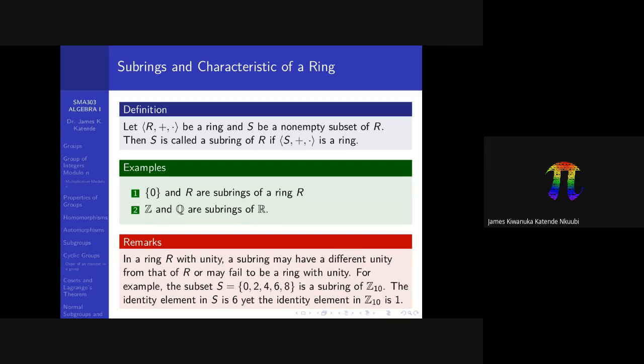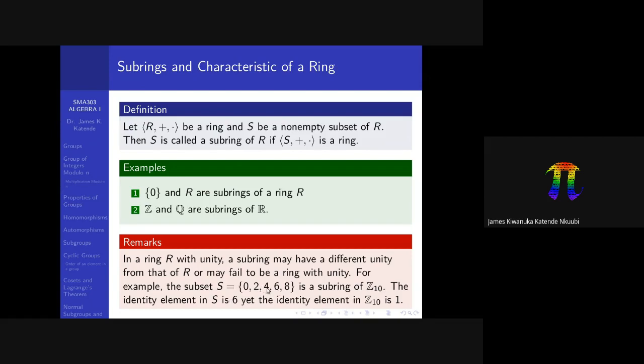So we make some remarks here. In a ring with unity, a subring may have a different unity from that of R, or it can also fail to have unity. So for example, if you consider Z10 and you pick the set consisting of just the even numbers, 0, 2, 4, 6, 8 in Z10, then this will also be a ring, because this set will form an additive Abelian group under addition modulo 10.